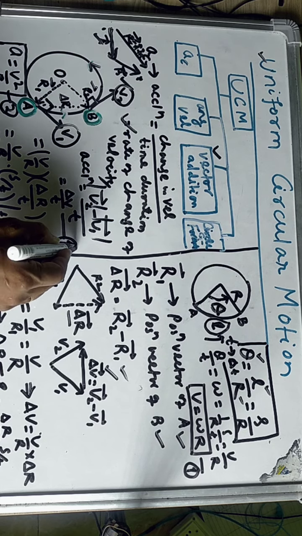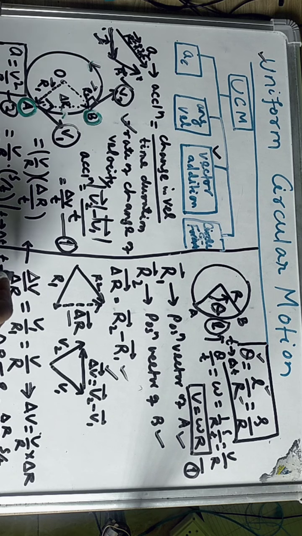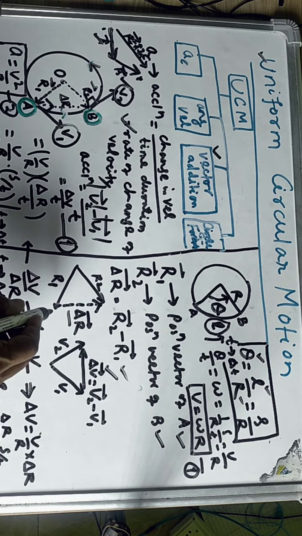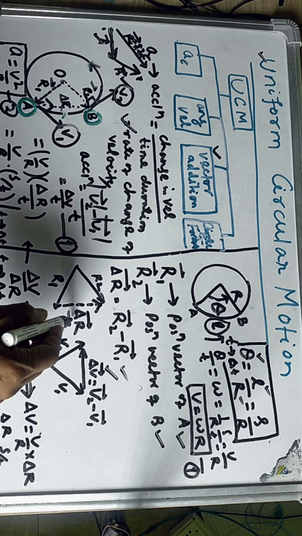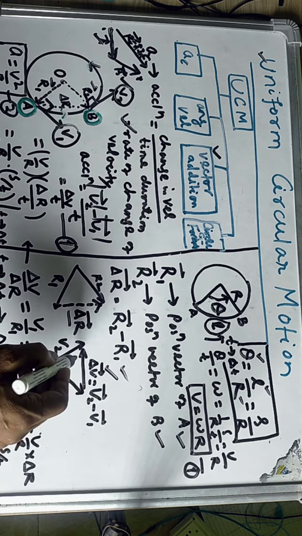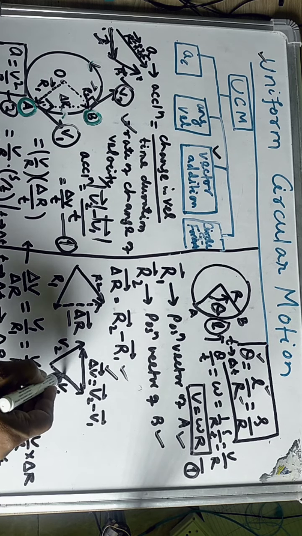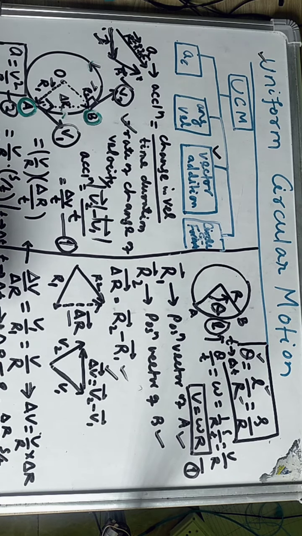Now let us find out delta v from these two triangles. Once we compare these two triangles, we find the two triangles are similar, hence delta v by delta r becomes side v1 by side r1. We know the magnitude of v1 is v and the magnitude of r1 is r2, which is equal to r.